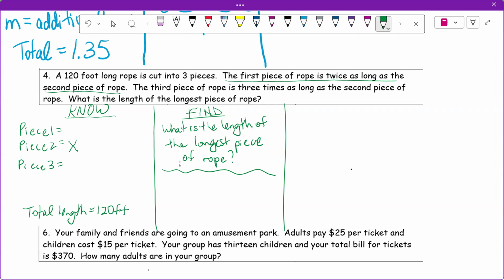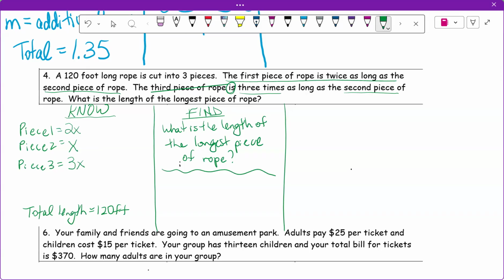Well, we know that the second piece is X, so twice means 2 times as long. So piece 1 would be 2X. And if I keep reading, it says the third piece of rope is, right? And is means equals if we remember. The third piece of rope is, so piece 3 equals 3 times as long as the second piece. 3 times as long, and the second piece is x, so we have 3x.